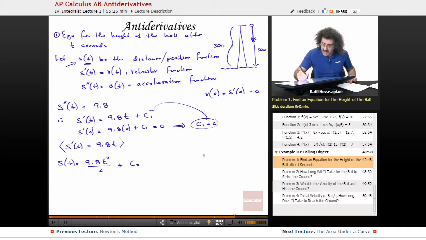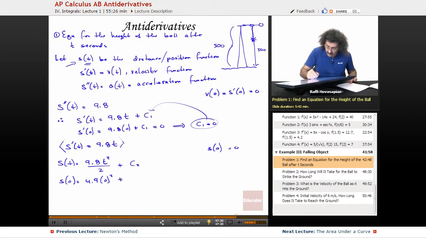Well, I know that s of 0, in other words, the position at time 0, is 0. I take that as my zero position. So s of 0 equals 4.9 times 0 squared plus c2, which is equal to 0. That implies that c2 is equal to 0.